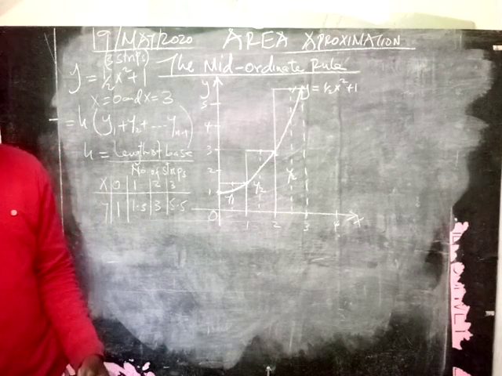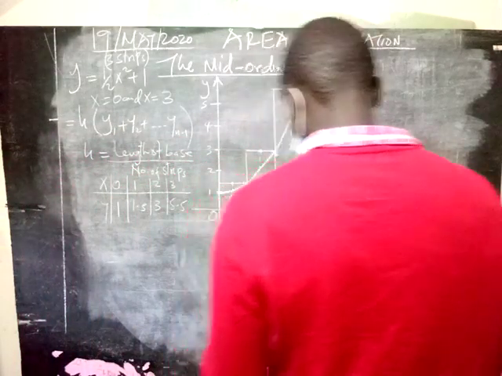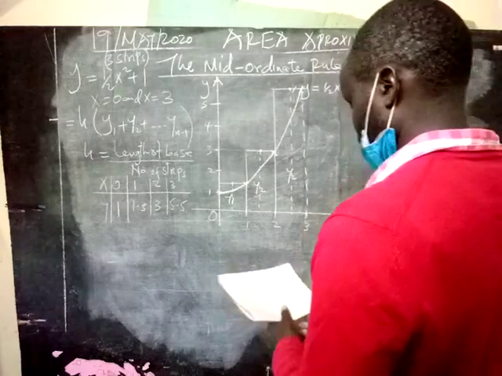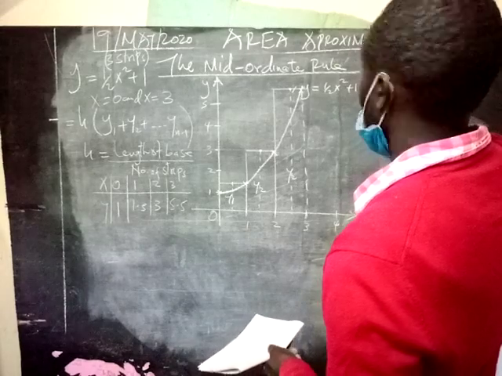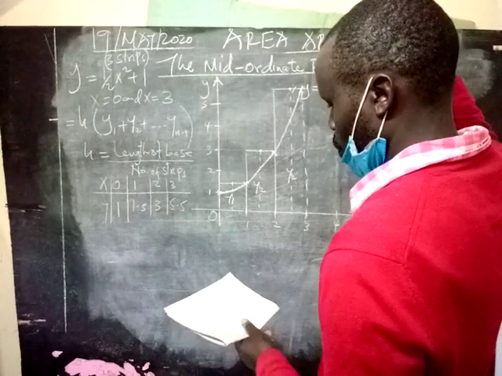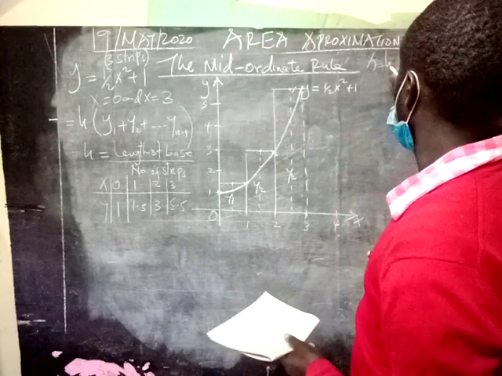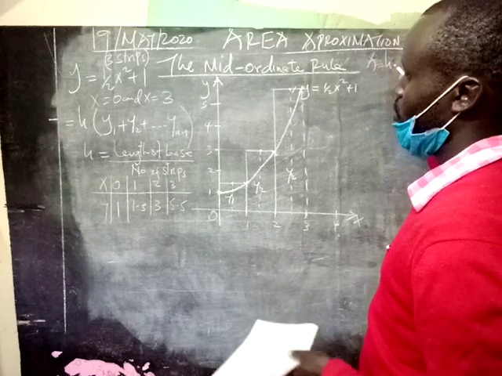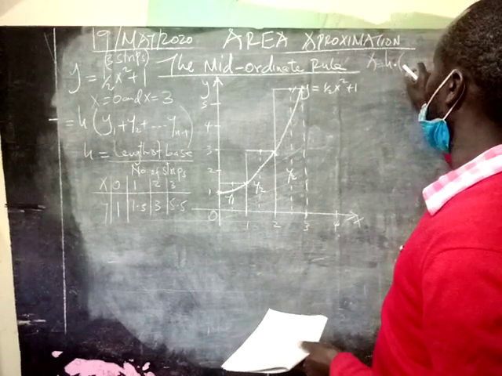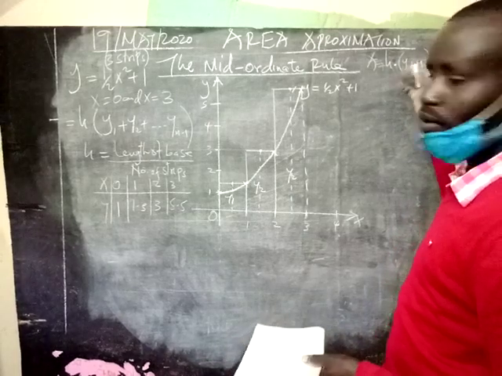So we are going to have the formula. We are going to say area equals width of the interval, which is h, multiplied by the sum of the ordinates.